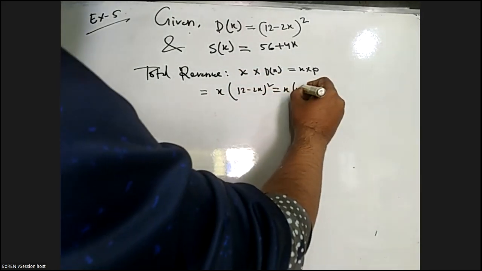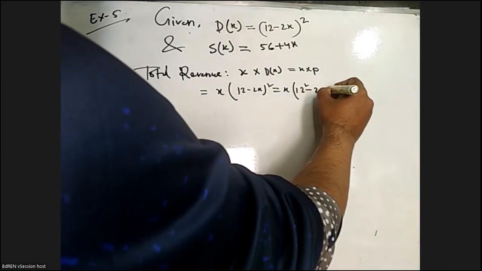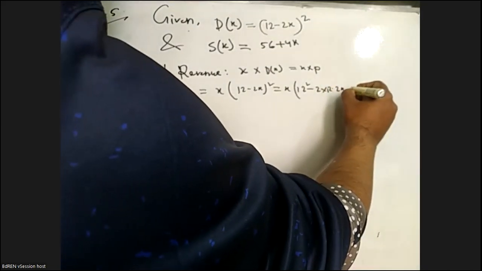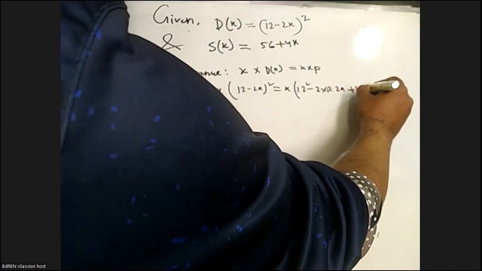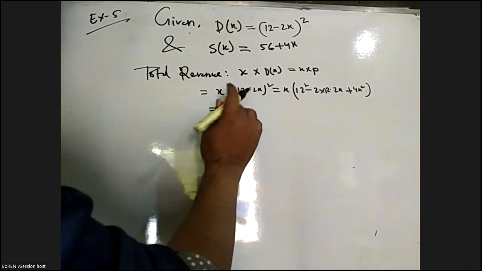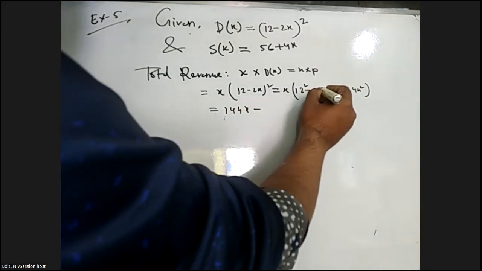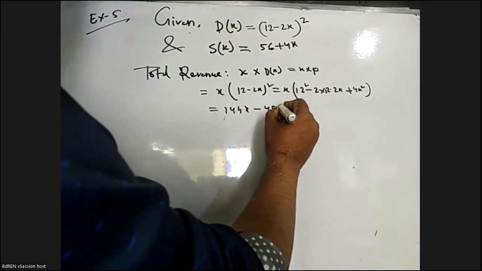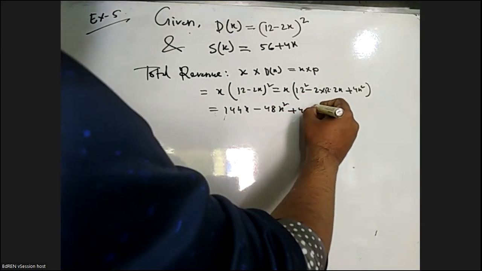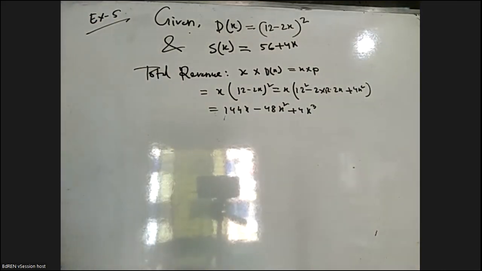This equals 12 whole square minus 2 multiplied by 12 into twice ab plus 4x square, that means the a minus b whole square formula. So we can write 144x minus 48 x square plus 4x cube. This is the total revenue.